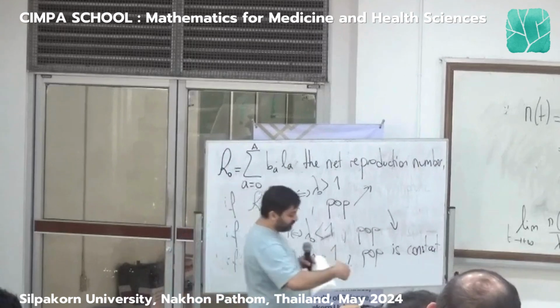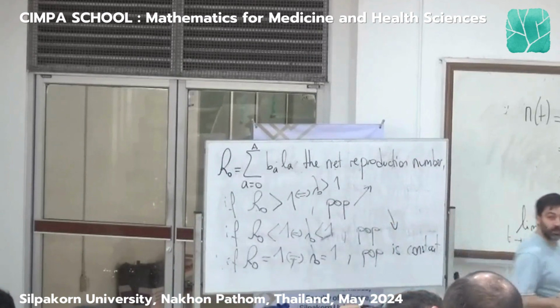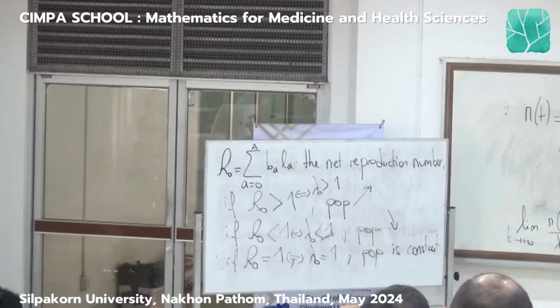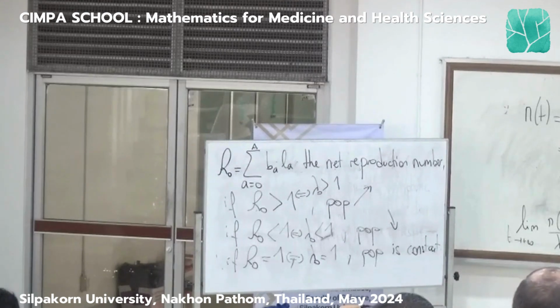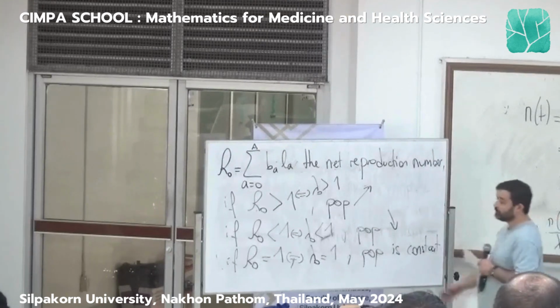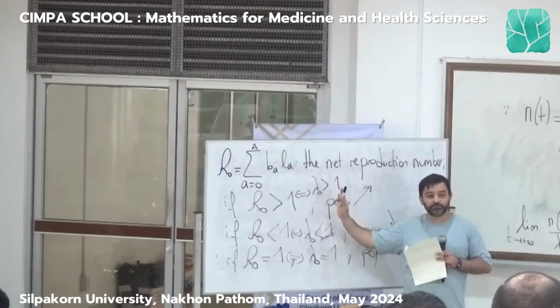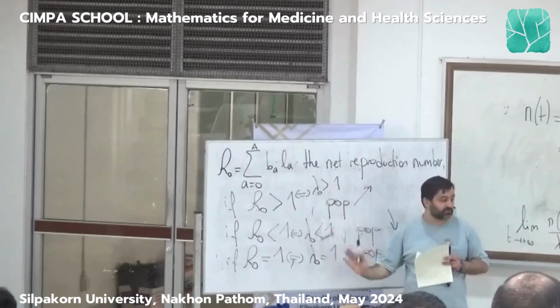Okay, so the proof, actually the proof is quite easy. You have to study this function f of x, you compute the derivative to get the sign of the function. So it's standard like that. The proof is not complicated, but at the end you have a very simple tool to say whether the population is increasing or not.